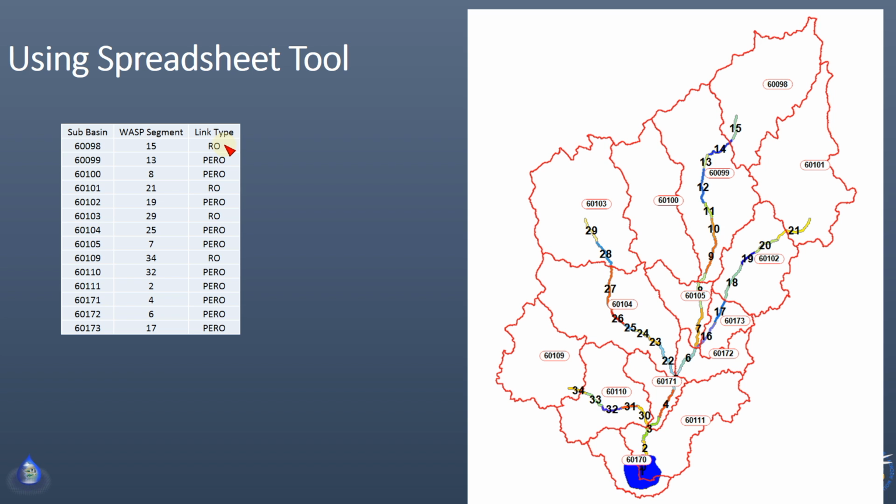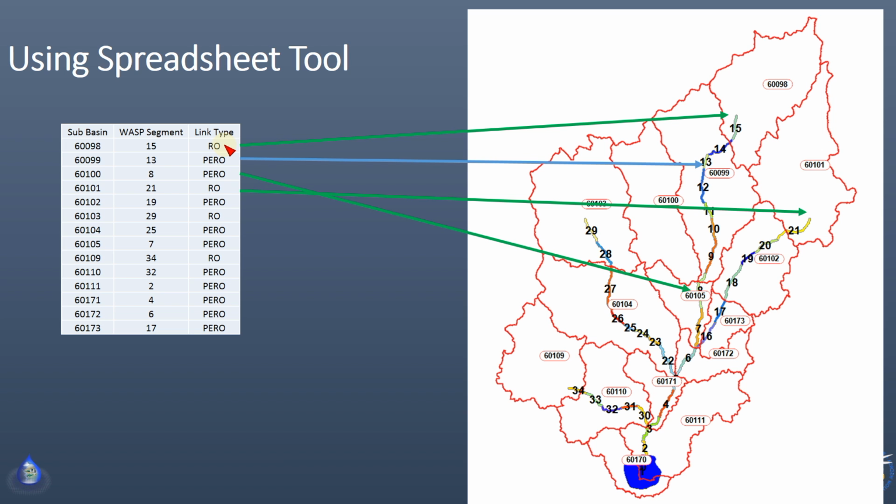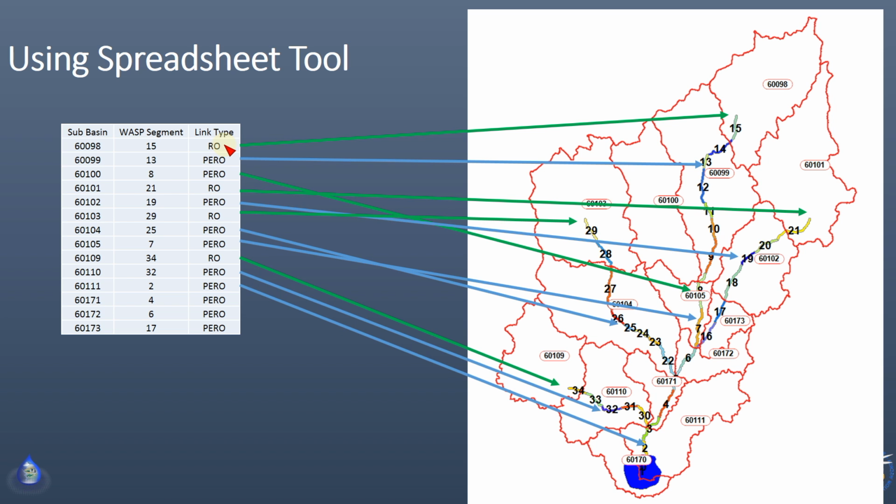So in our case here, 6098 is an RO, 99 is a Pero, 100 is another Pero, 21 is an RO, and you can kind of see that if it's a headwater one, it's an RO. If it's one that comes in from the side, it's a Pero. So it's kind of critical to know this information.